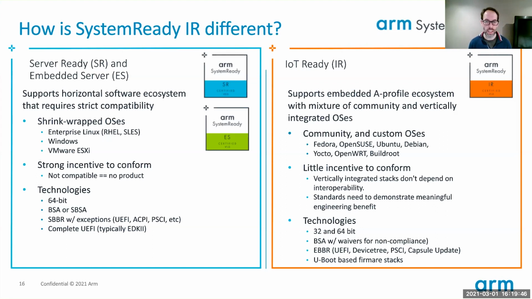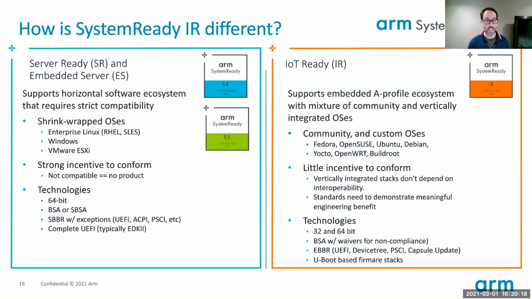You can still do the vertically integrated stacks, and if you're not quite standards compliant, you can still build a product. So in this space, the standards themselves have to show value in and of themselves and create pull in that way, rather than trying to do a top-down push of do it this way so that we're compatible, right? It's a bit more of a bottom-up approach, but it matches better with the embedded Linux community and how that whole engineering community works.